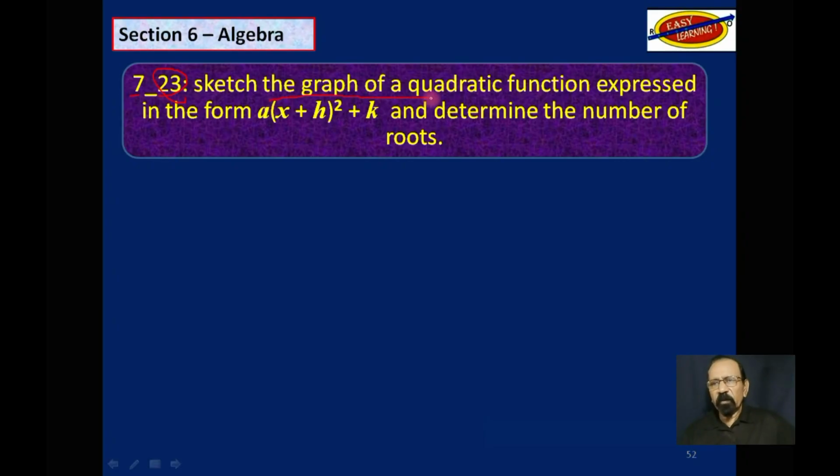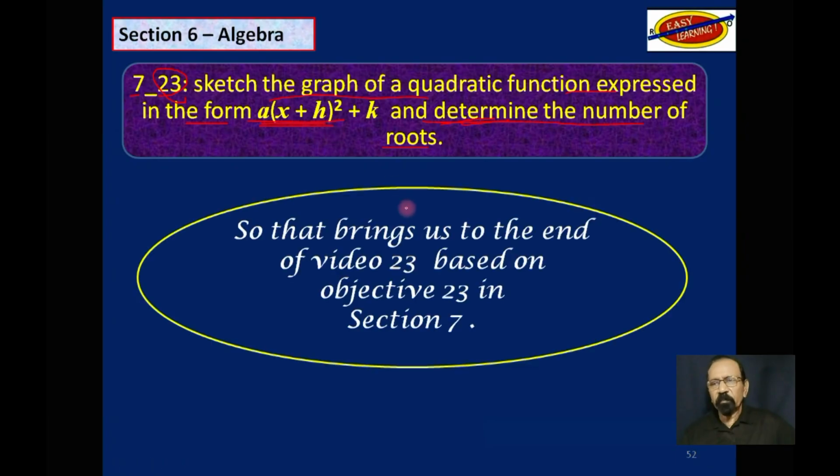Sketch the graph of a quadratic function expressed in this form and determine the number of roots. You can determine the number of roots without sketching the graph. But if you want to sketch the graph, you need to know how many roots you will have and what the roots are. And that brings us to the end of video 23 based on objective 23 in this section.